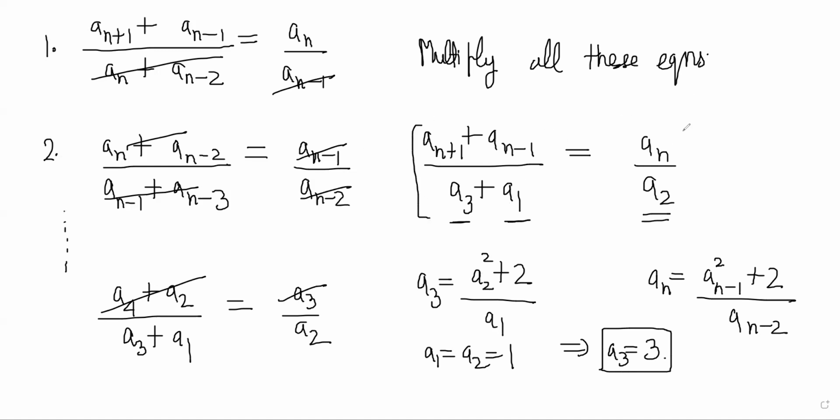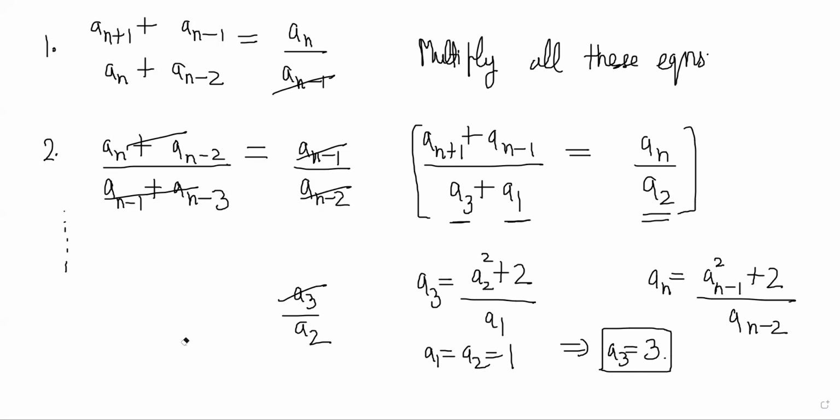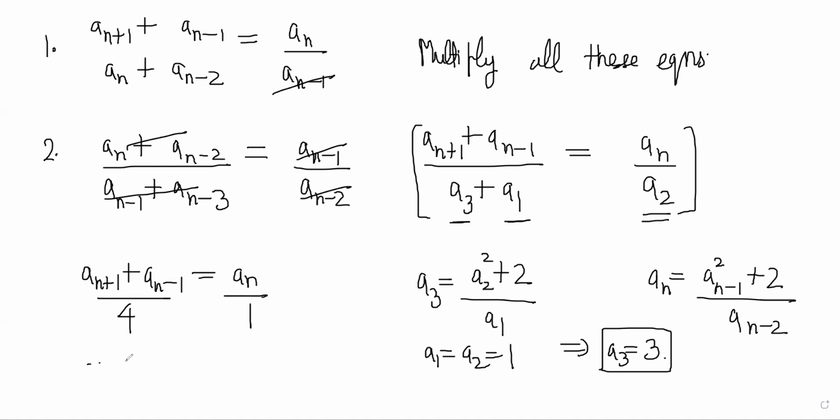This starts looking like (a_{n+1} + a_{n-1}) / (3 + 1) = a_n / 1. So therefore, you have a_{n+1} = 4a_n - a_{n-1}, right?